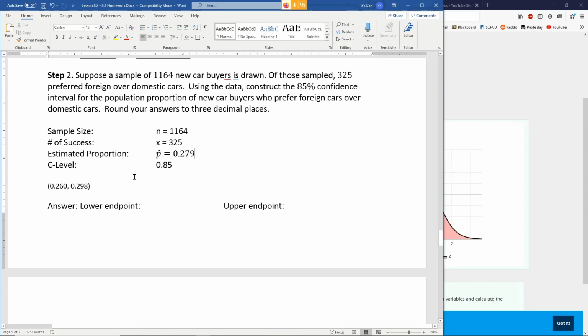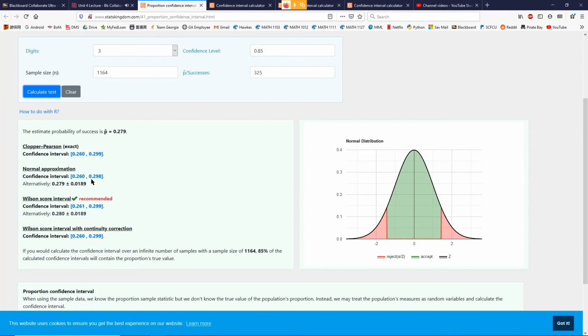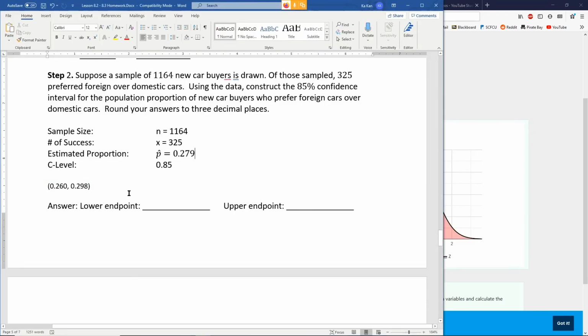It really doesn't matter so much, and on your homework they won't count it wrong, but maybe you can use the normal one. This is the answer, and that's what you do for every one of those proportion problems. Proportions are a lot easier. You just have to remember what command to use, and that concludes the lesson for both the t confidence interval for a mean and the confidence interval for a proportion.